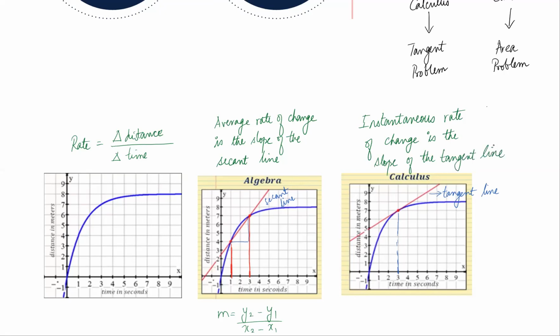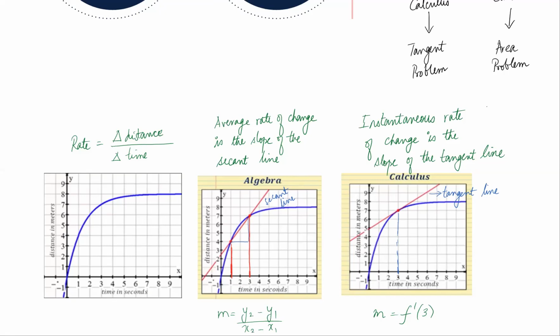In calculus, we'll develop into that idea, but if you can see the difference, we're still finding the same slope, but then we use the concept of derivatives, which basically comes from the definition of slope. I will find the derivative of the function at 3, because that is the very instant we are interested in, as opposed to this interval of 1 to 3 seconds in algebra.